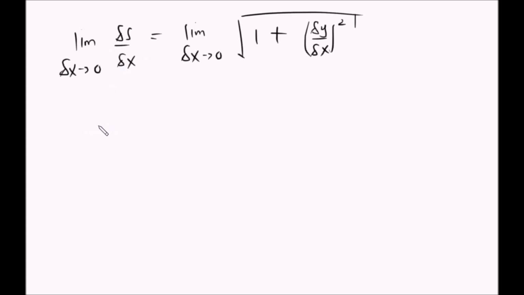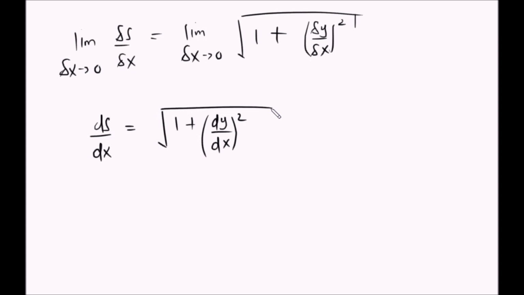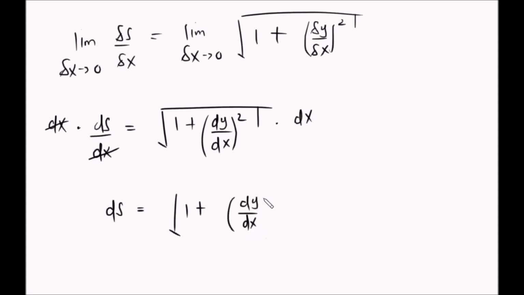So this is now dS dX, which equals the square root of 1 plus dY over dX squared. So I'm going to multiply both sides by dX.